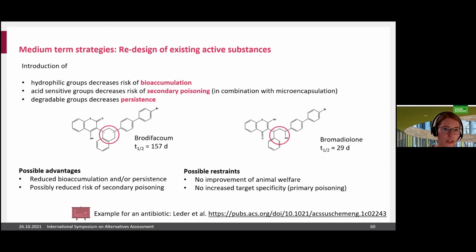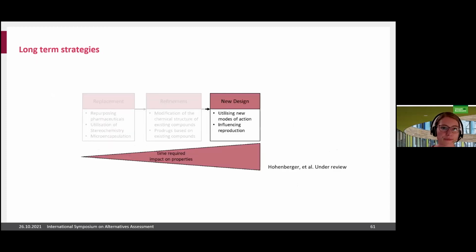So if we try to take this further, we could reduce bioaccumulation or persistence, and with this reduce risk of secondary poisoning. However, we're still talking about anticoagulant rodenticides, so no improvement of animal welfare or primary poisoning.